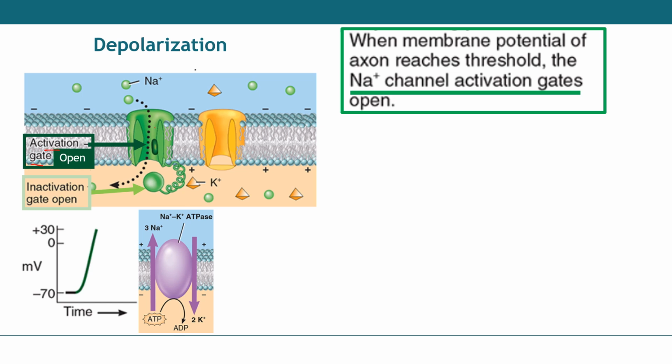So look, now this moves, and now the sodium channel opens. The inactivation gate remains open, so both are open. So you can clearly see that the amount of negative charge is reducing, so the cell inside is becoming more positive.